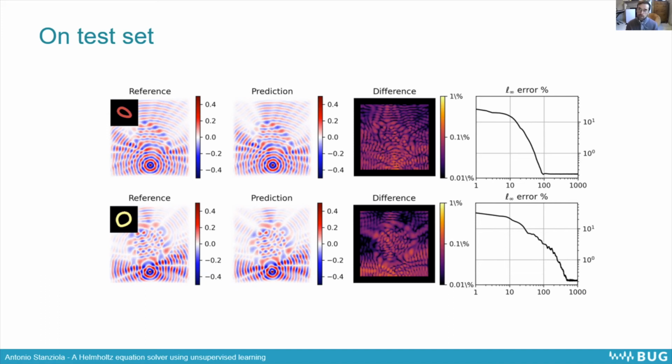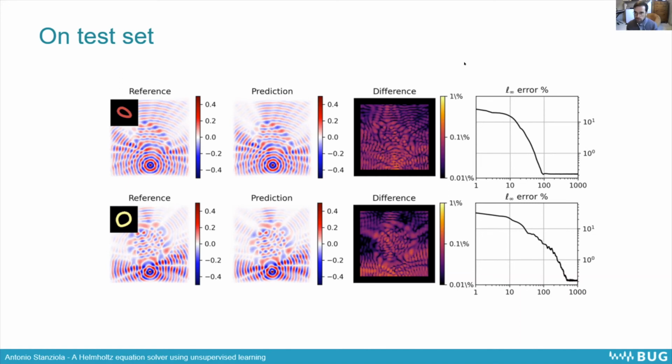And interestingly, the L infinity error, which is the ratio between the maximum error in our wave field prediction and the biggest value of the wave field, gets below 10%, sometimes even after like 50, 60 iterations. Sometimes it takes longer. It depends on the geometry of the speed of sound map.